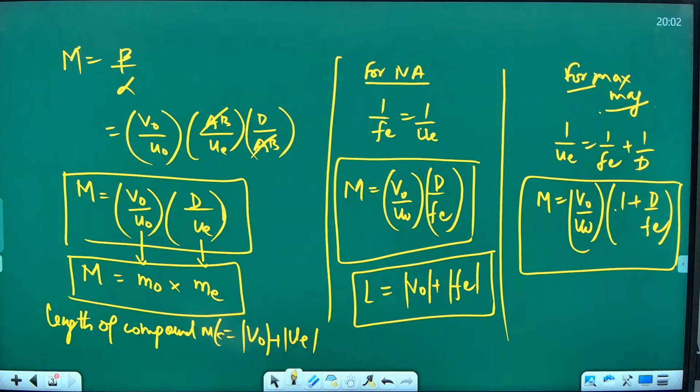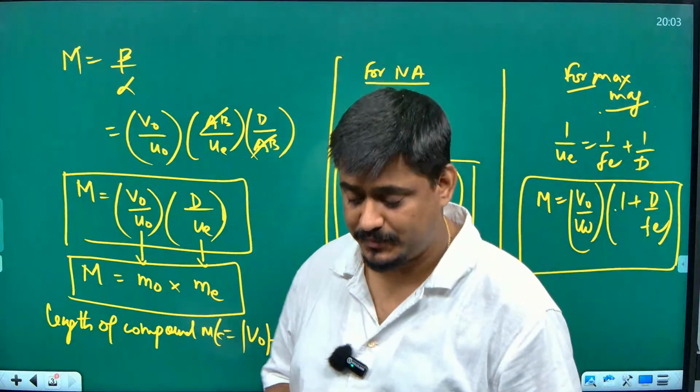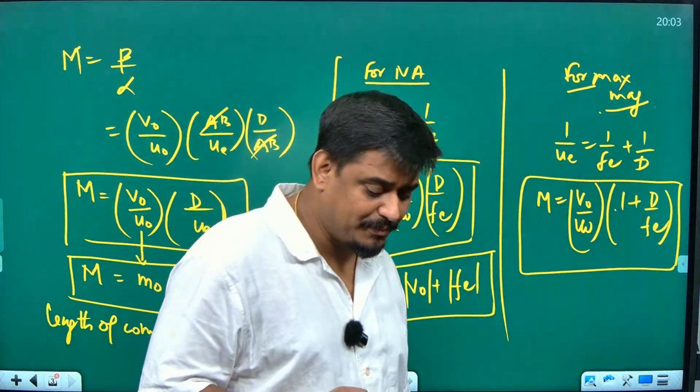If object is kept at 1.25 centimeter in front of the objective, what is the magnifying power?